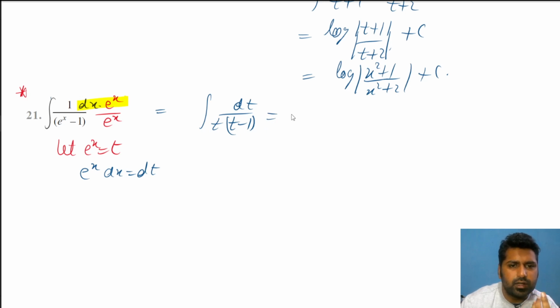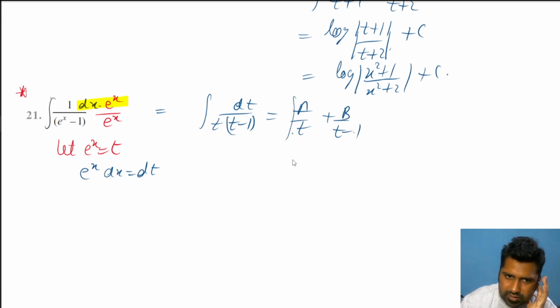This can be done by partial fraction, a upon t plus b upon t minus 1. Do the partial fraction of this, so you'll get same idea. Take the LCM and put the values of t. You will get a as, I think, minus 1 and b as 1 this time. 1 upon t minus 1 minus 1 upon t.